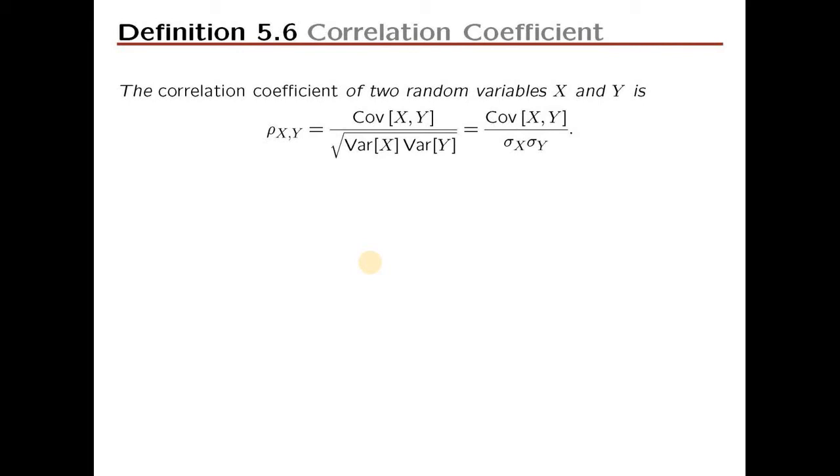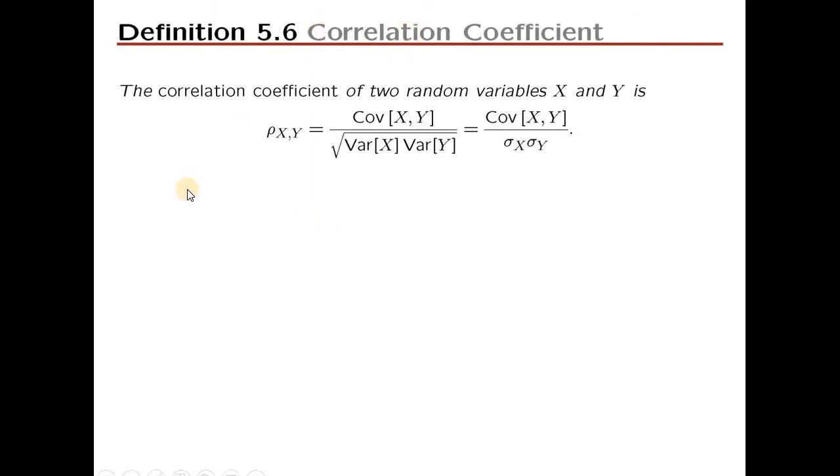Here we have another definition that relates covariance and correlation using a correlation coefficient. So what is the correlation coefficient? It tells you how two random variables behave in terms of variance or relation. So what is the behavior of two random variables? That's why we use this coefficient, known as the correlation coefficient.